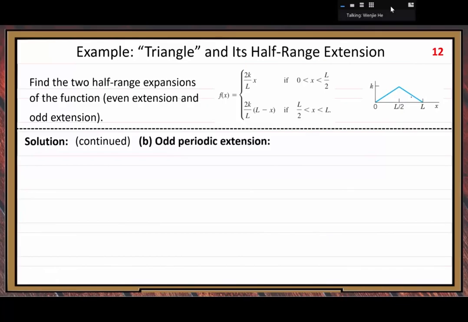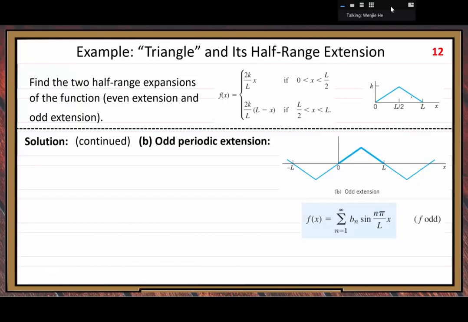Same thing, but this time for the extension, we do the odd extension, following the definition of an odd function. Then 2L periodic extension on the whole real axis.